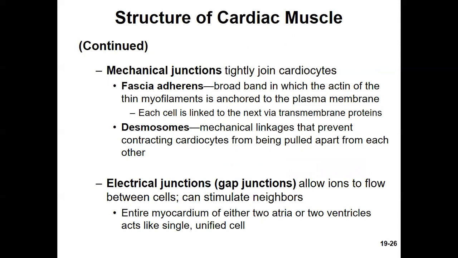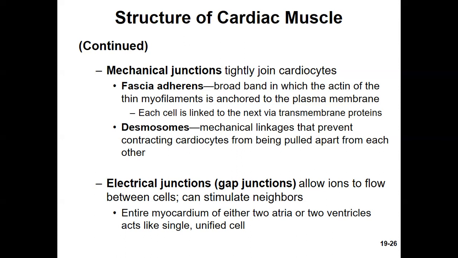The desmosomes are linkages that prevent the cardiocytes that are contracting, that are pumping, from being pulled away from each other. So the desmosomes are like your spot welding that holds everything together, so that as your heart pumps, the cells don't fall apart or rip away from each other. When we say mechanical junctions, we're meaning the physical connections of two structures.